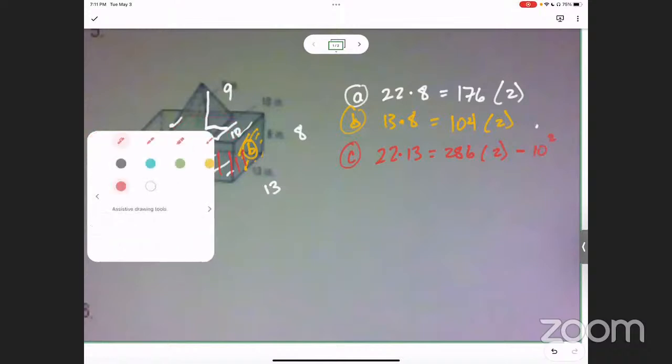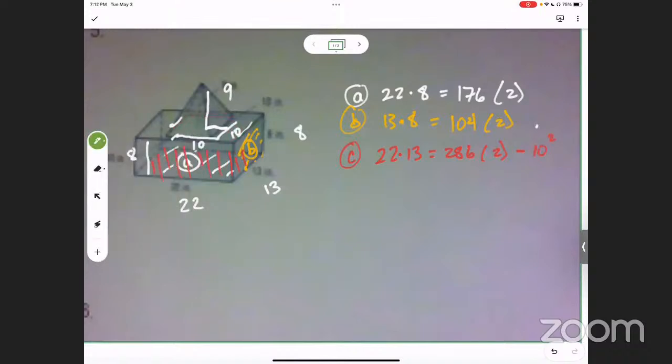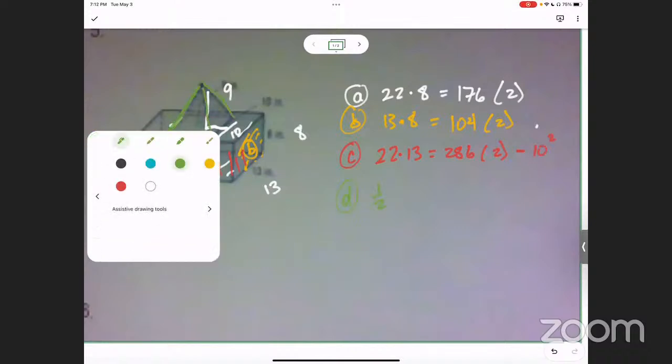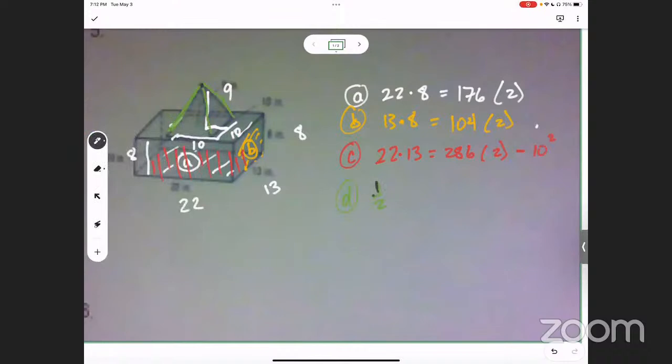And now all I need is that triangular prism up here. And what's the formula for a pyramid? Half perimeter times L, which is slant height.